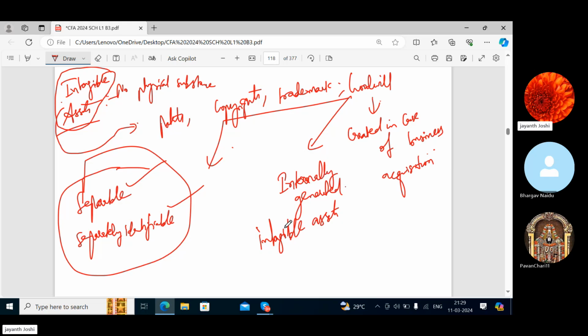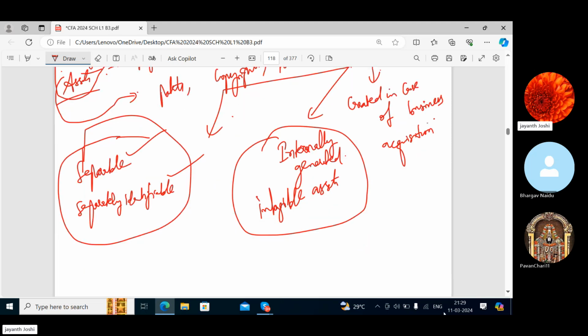Otherwise, internally generated intangible assets which cannot be separated from the business or are not separately identifiable cannot be shown in the books as assets, but expenses related to these assets should be accounted.